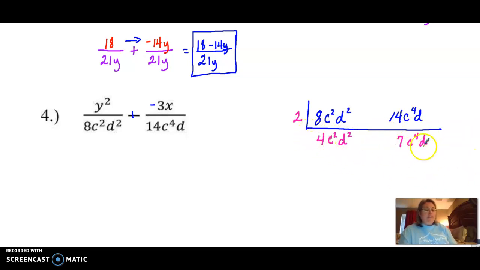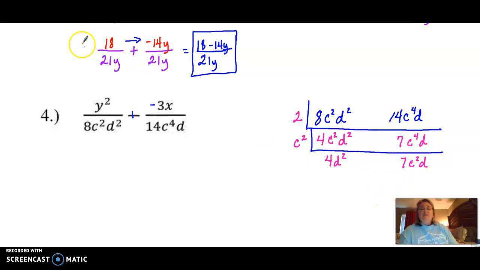Okay? If we still have common factors, which we do in our variables, you can just keep going. So, I notice that I have some c's. I have at most 2 c's in both of them, so I can take out a c squared. That leaves me with 4d squared and 7c squared d. I only take 2 out to give me a c squared.